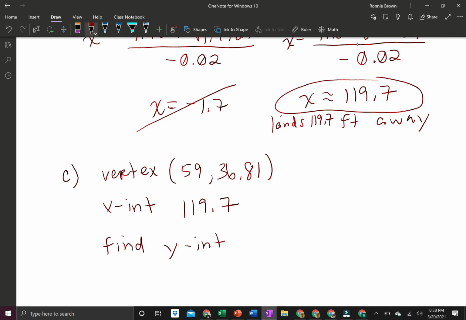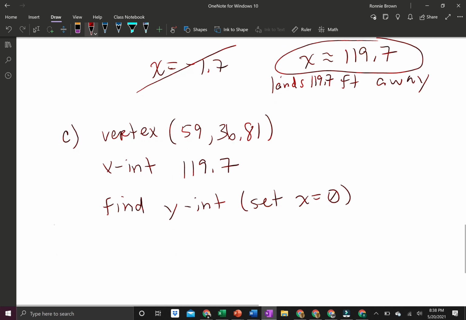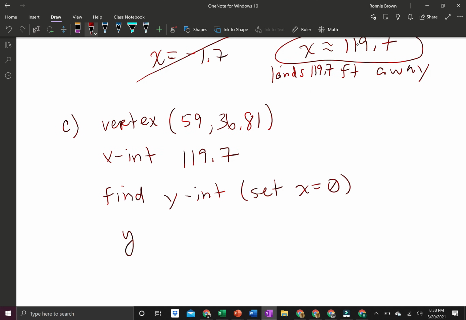So let's find the y-intercept. So how do we find the y-intercept? Well, earlier to find the x-intercept, we set y equal to 0. To find the y-intercept, we set all the x's equal to 0, however many x's we have in our original function. So y is equal to negative 0.01, and instead of x to the second, it'll be 0 to the second. All right?